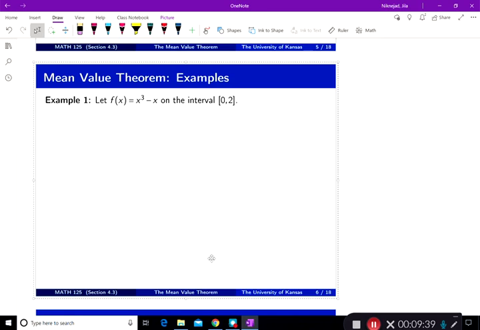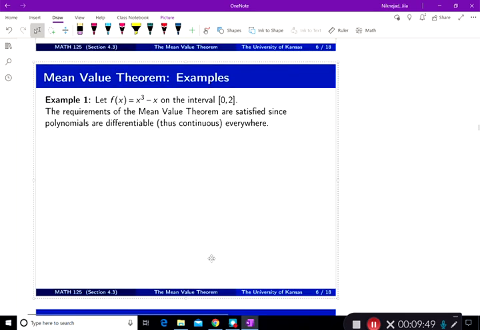Look at f of x equal to x to the third minus x on the interval 0 to 2. So the requirements of the mean value theorem are all satisfied. The function is a polynomial, so it is differentiable and hence continuous, and we know more, it's differentiable everywhere.